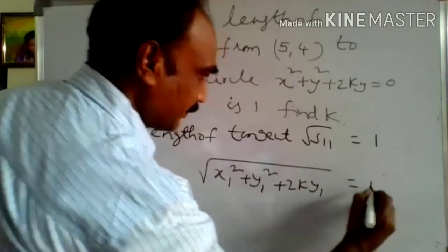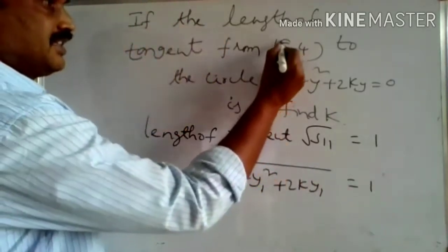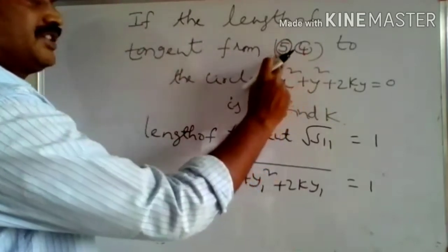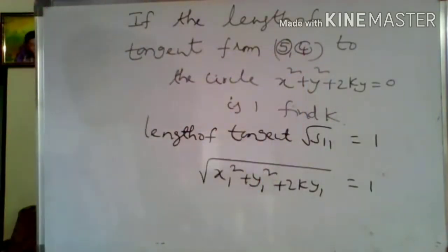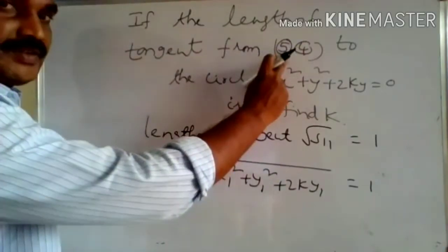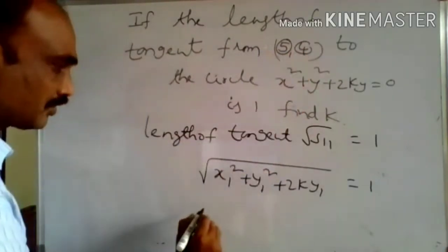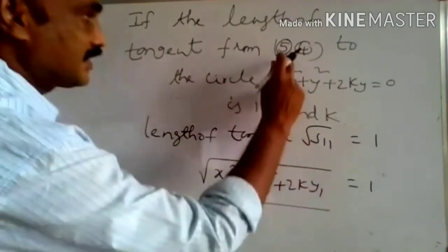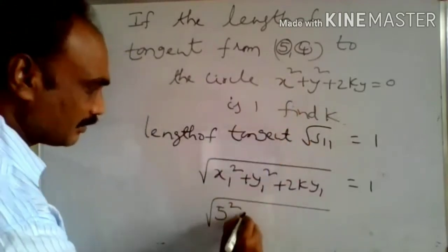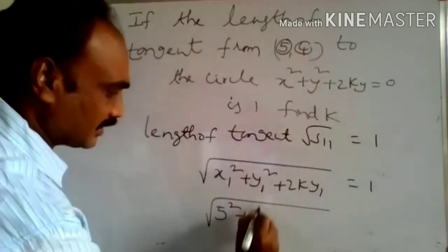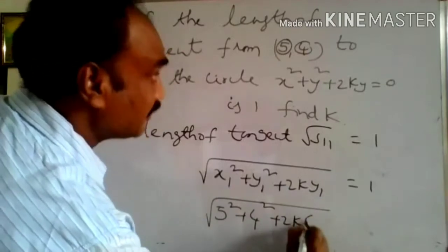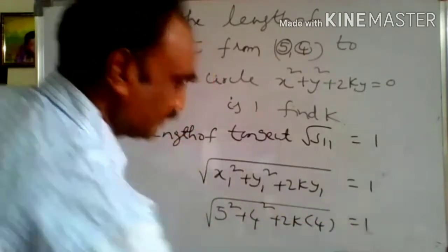Here x1 = 5, y1 = 4. Substituting, √(5² + 4² + 2k·4) = 1.